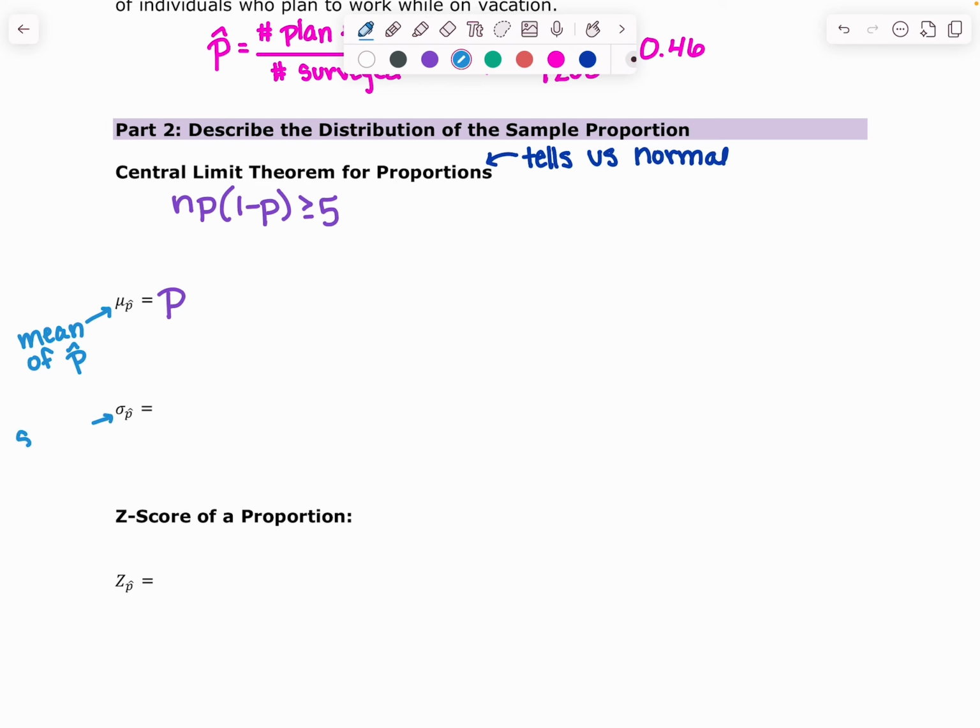And then the standard deviation of all of the different sample proportions is equal to the square root of p times 1 minus p divided by n. And notice this is a very large square root. All of this is inside the square root.